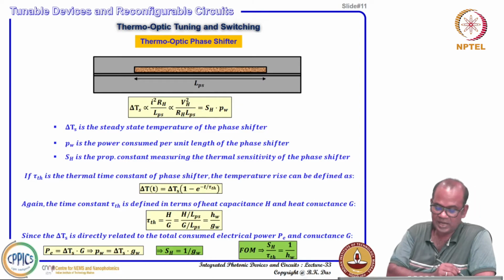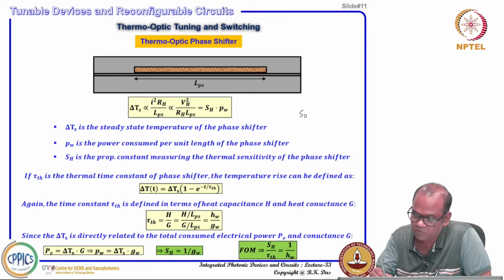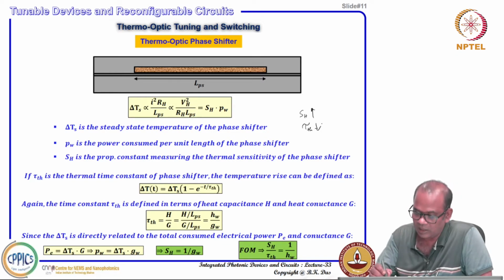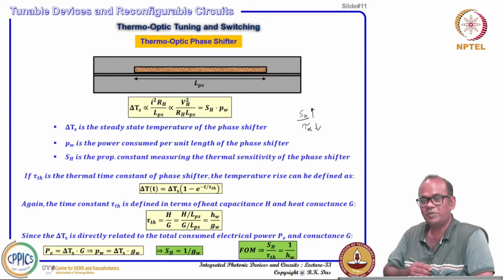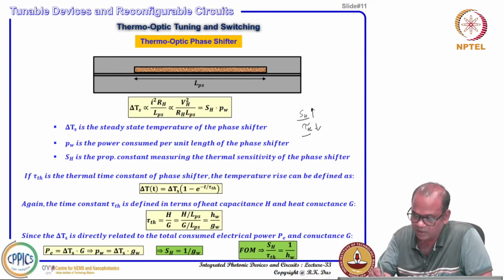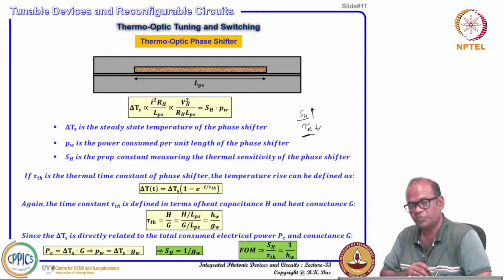Good. The next thing is the figure of merit. You want SH to be as high as possible and you want tau TH to be as low as possible. Sensitivity should be good: for a given power, the temperature rise should be as high as possible, so that you do not need to spare a lot of electrical power to get a desired phase shift. Similarly, you want very fast switching, very fast temperature rise, so tau TH should be as small as possible.